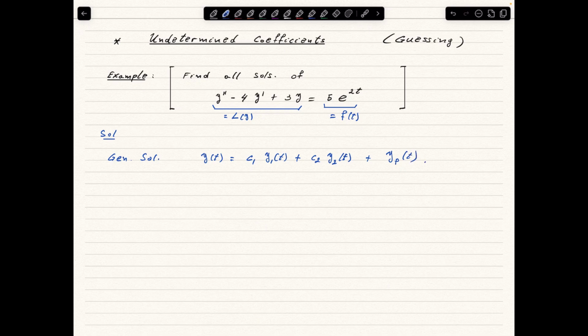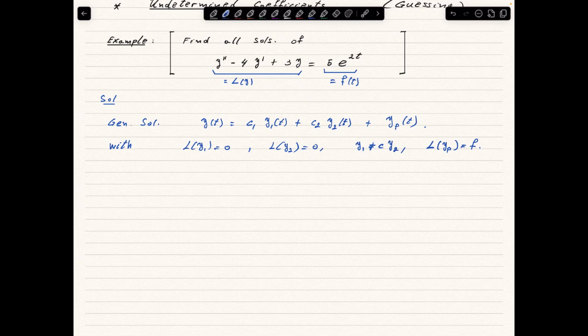Just to be clear, L of y1 is 0, a solution of the homogeneous equation, y2 is also a solution of the homogeneous equation. They are not proportional to each other, and yp is any solution we can find of the non-homogeneous problem.